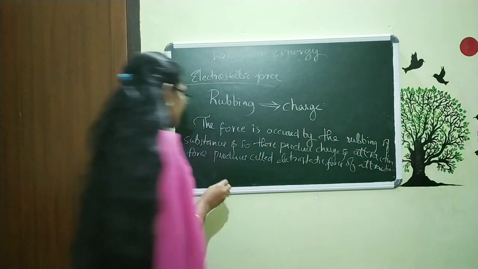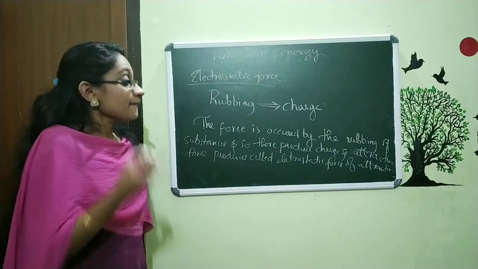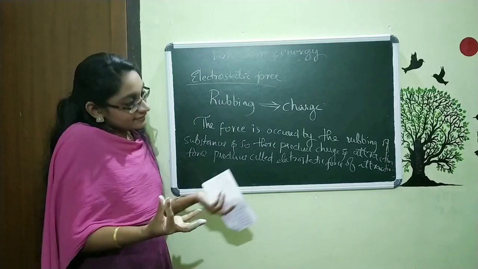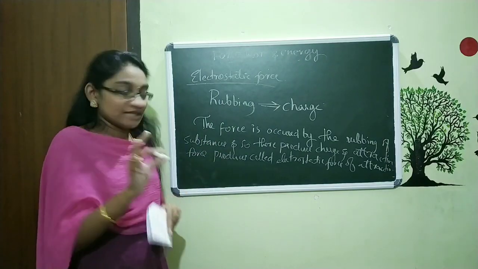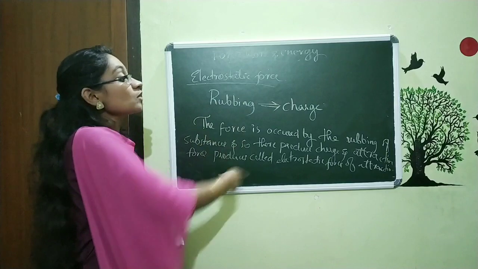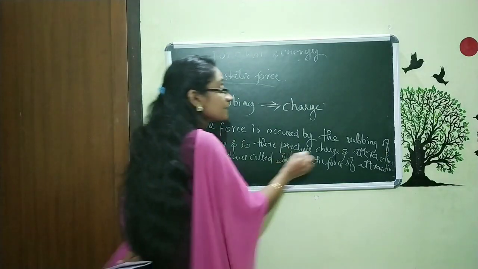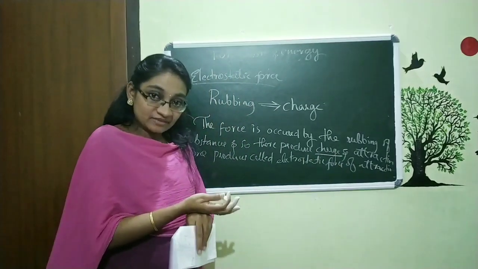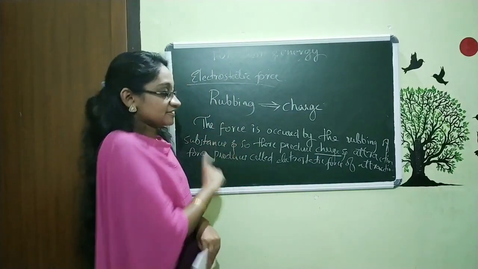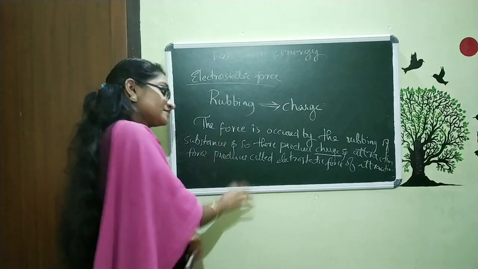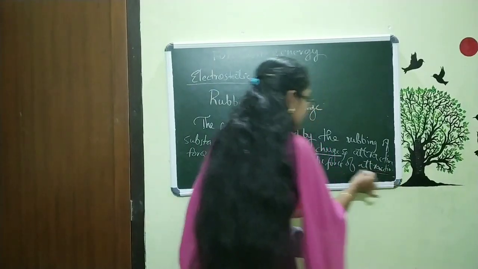So this is the definition. The force occurs by rubbing. Here rubbing is very important. When we are not rubbing, the scale has no charge. So the force occurs by rubbing of substances, and so they produce charge. When we rub the substance, it has charge, and the attractive force produced is called electrostatic force of attraction.